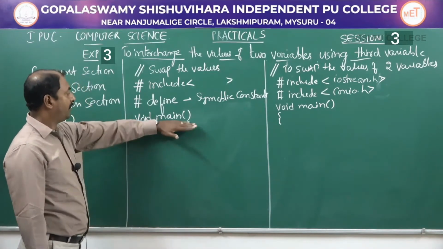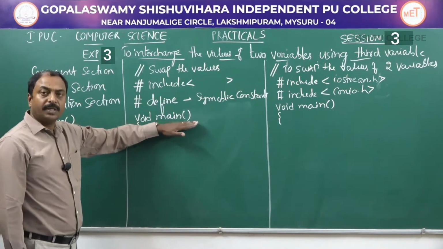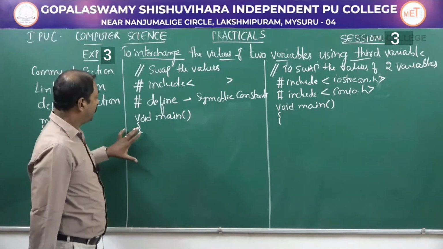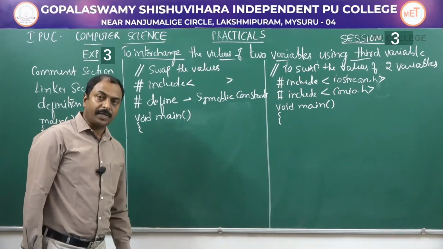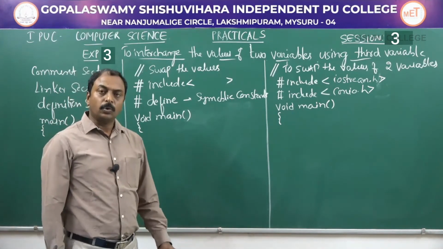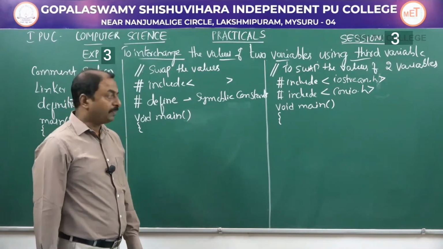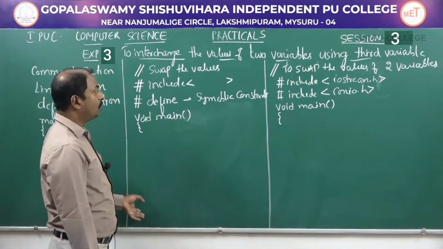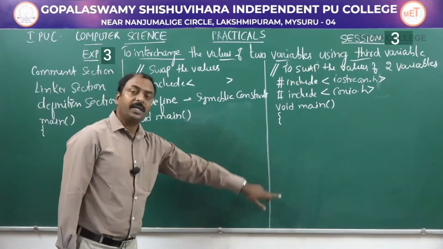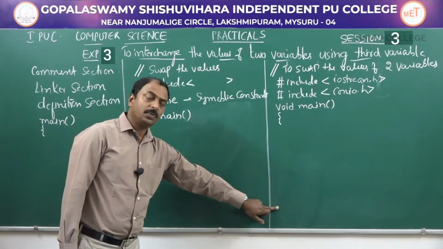So this is void main function. Inside this we are writing executable statements like input statement, output statement, or formulas. We have to close this at the end of our statements or end of the program.